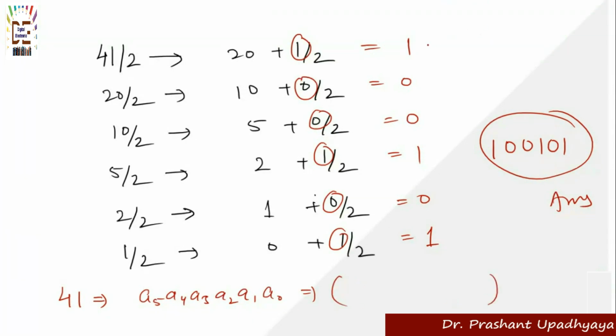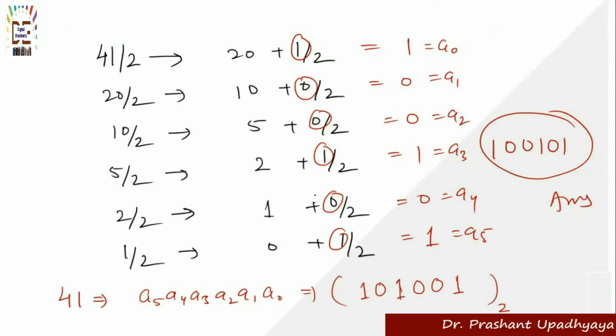This was your a0, a1, a2, a3, a4, a5. So you get 1 0 1 0 0 1, and this will be the representation in reverse order. Okay, you got it? What is the meaning of reverse order?